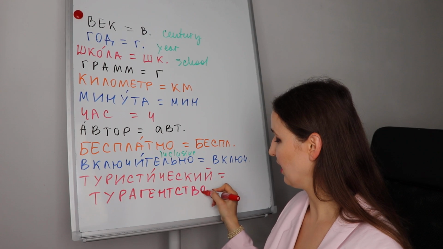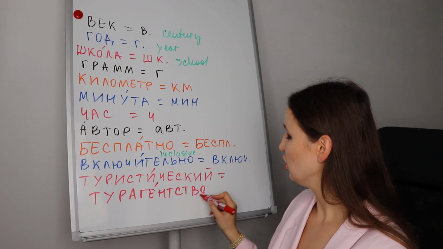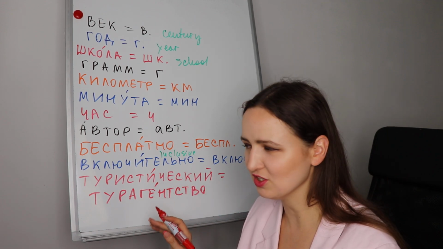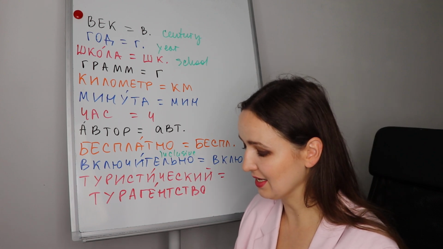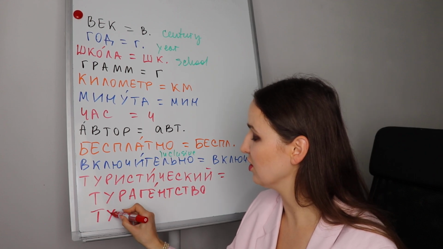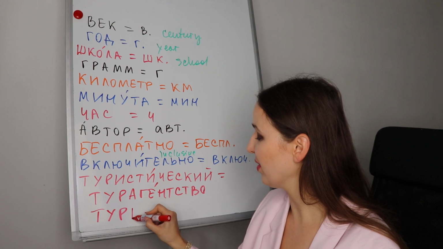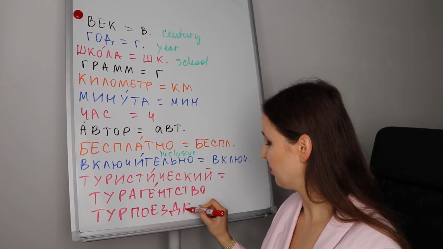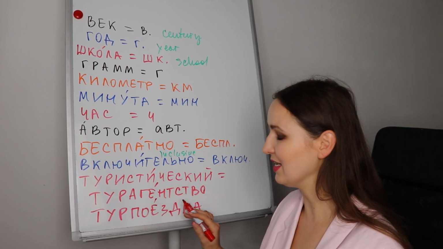Турагентство is tour agency, touristic agency. Or турпоездка. The abbreviation тур, туристический, touristic, тур, поездка. Tour trip.